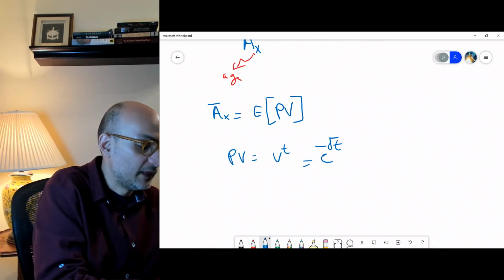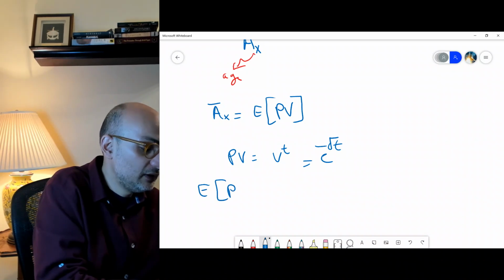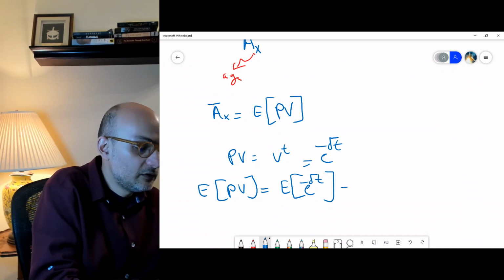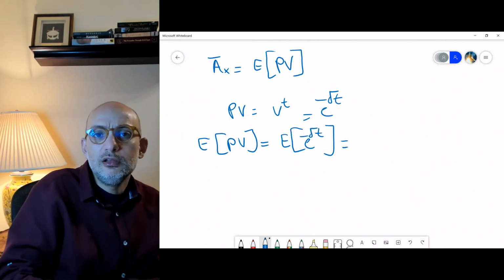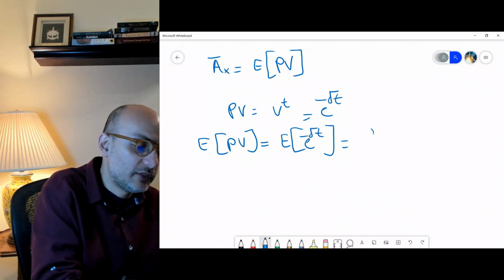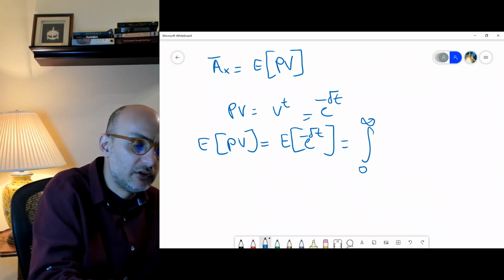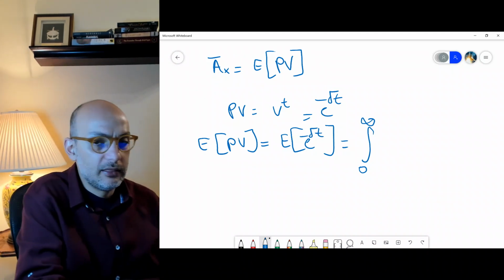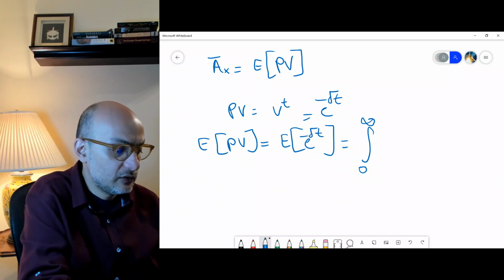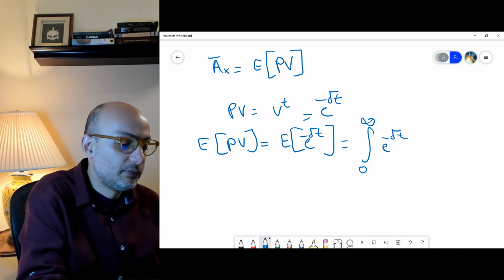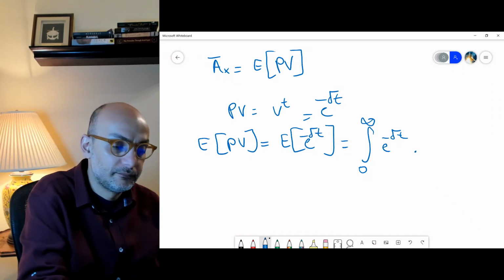So the expected value of PV, which is the expected value of e^(-delta T), is, in the continuous case, an integration from 0 to infinity, because it's whole life. You multiply your value e^(-delta t) by f of t dt.